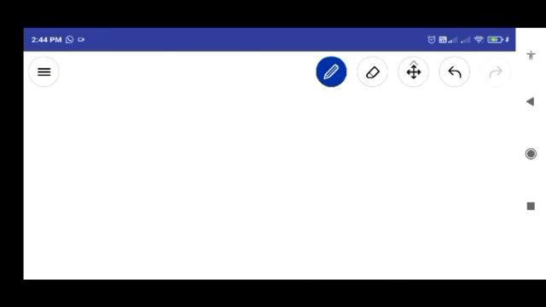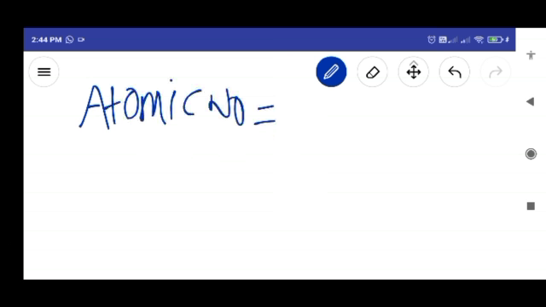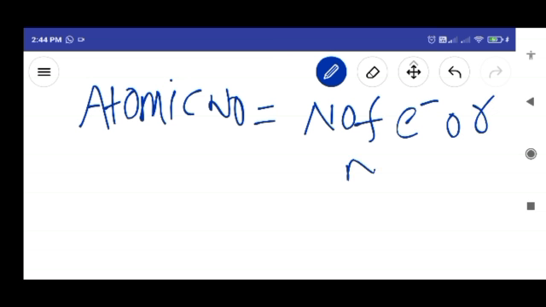Or else, we'll see one more thing, that is atomic number. What do we mean by atomic number? Atomic number is the number of electrons or number of protons.